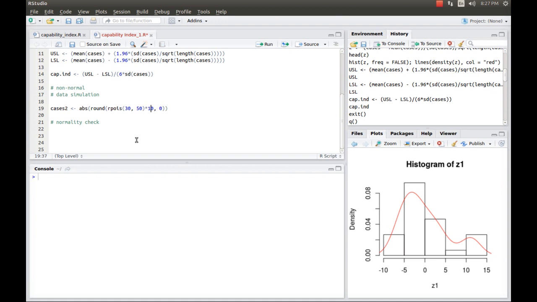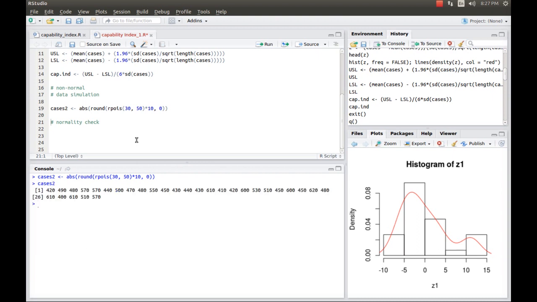And now I am trying to multiply with 10 so that the value looks nice and meaningful for the analysis, and round it to 0. Now since we already executed the statement, let's go to the console and see what is there in cases 2. Yeah, that is okay.